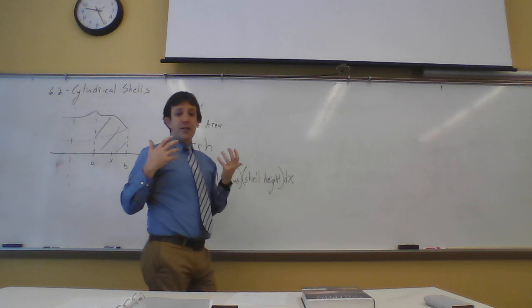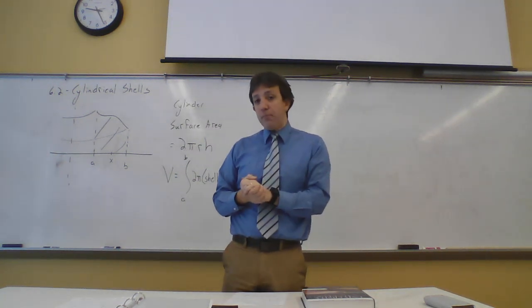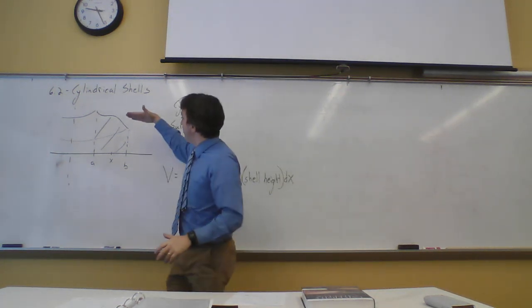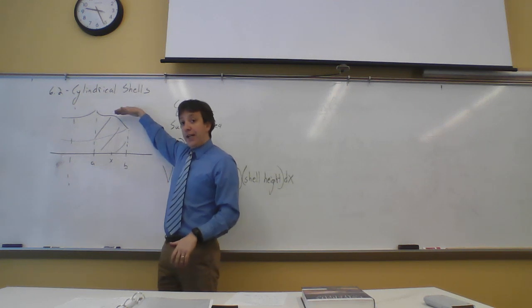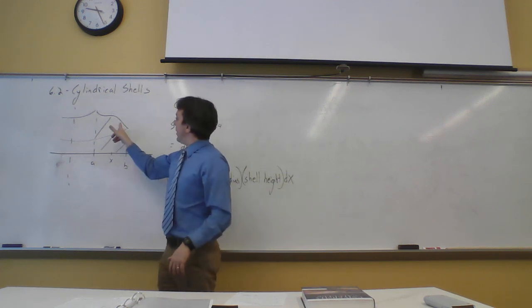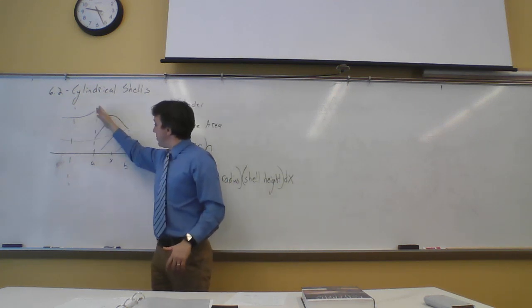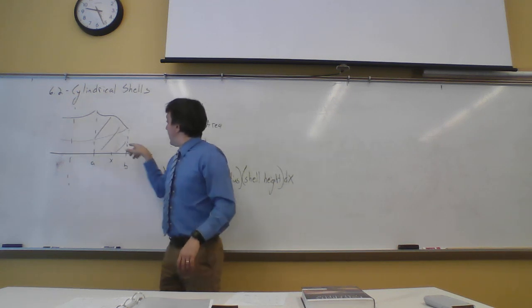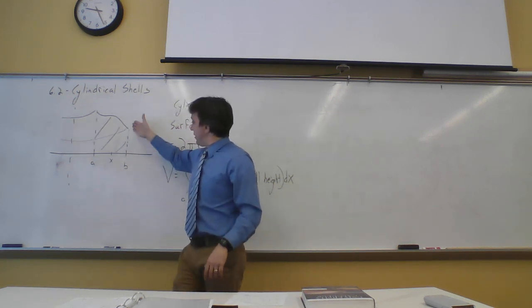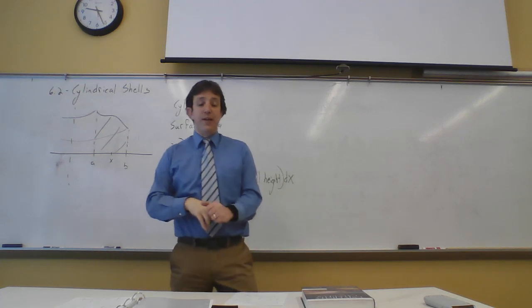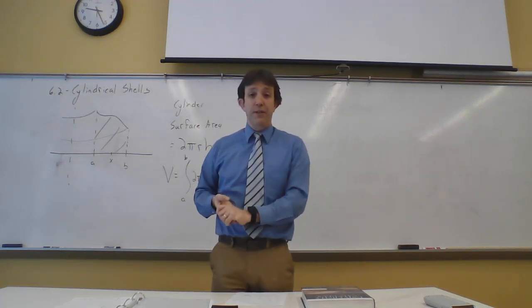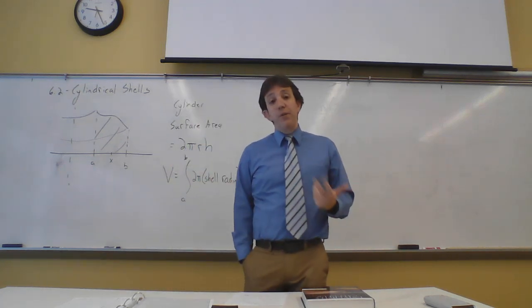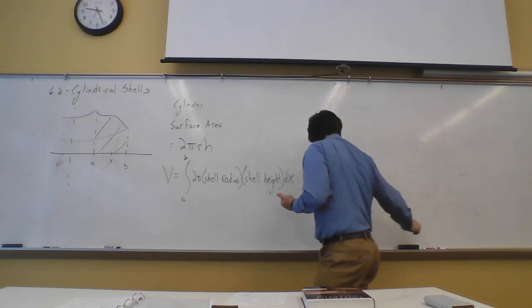But unfortunately, we would have different rules for the radius of those washers. Here we'd be using the function to our center, and here we would be using this vertical piece that helps enclose our region. So there is another way to do these, and it's called cylindrical shells.